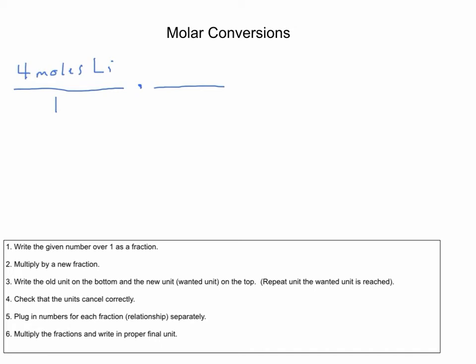So the old unit that we have here is moles of lithium, so I'm going to put moles of lithium on the bottom. And on top I want my wanted unit. And remember that here we are converting from moles to grams. So on top I have to have grams of lithium.